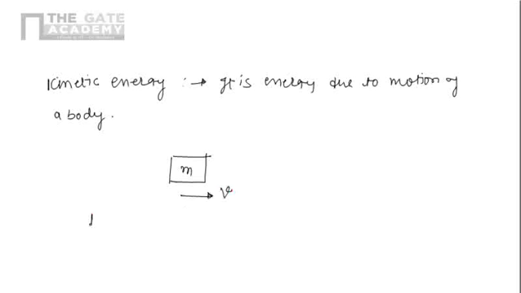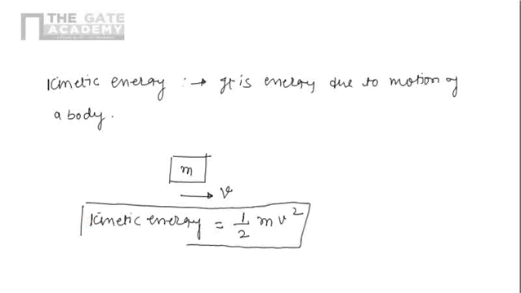Then it has kinetic energy, which can be calculated by the formula 1 by 2 m v square. So kinetic energy is nothing but 1 by 2 m v square, and it is the energy due to motion of the body. It depends upon the mass of the body as well as the velocity of the body.